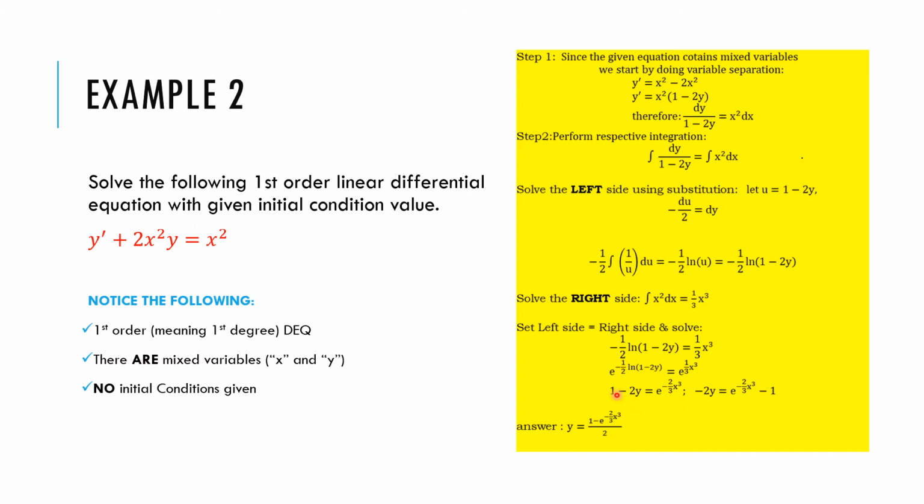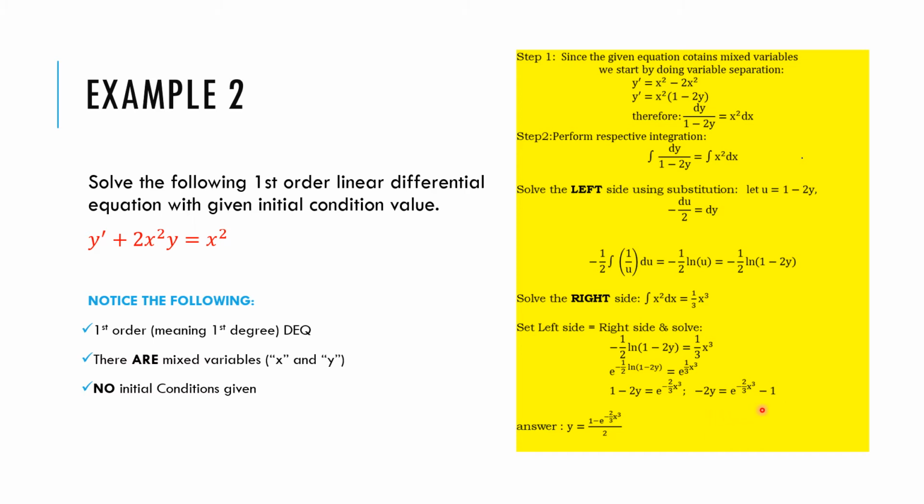Okay? Then I'm going to take this 1 and move it to the other side of the equation so that I end up with negative 2y equals e raised to negative 2 over 3 times x cubed minus 1. And therefore, I would be able to solve for y. To solve for y, all I have to do is divide through by negative 2.